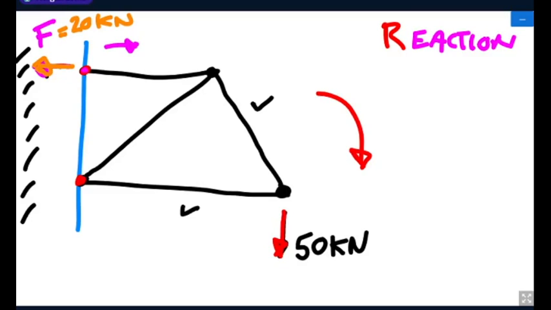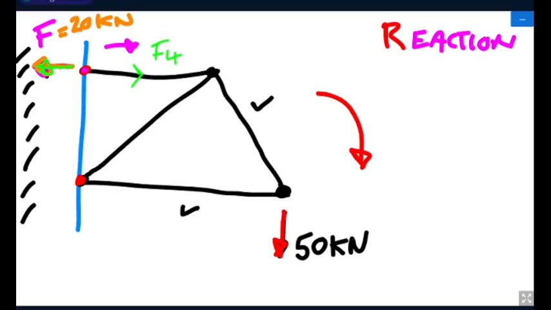Now, if it's 20 kilonewtons, which we could work out if we had distances, which we'll do next week. If I've got 20 kilonewtons going that way, bearing in mind every action has an equal but opposite reaction, what could I say F4 is? 20, yes.